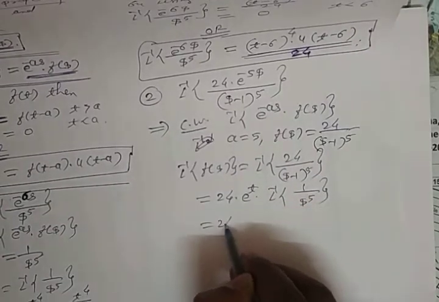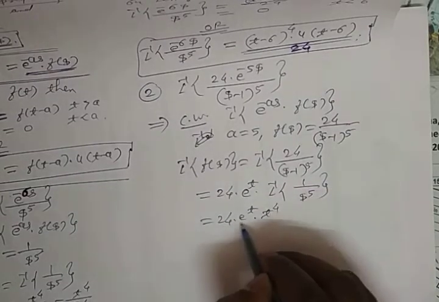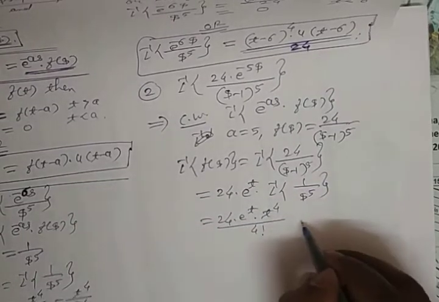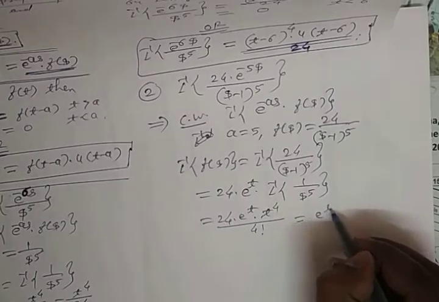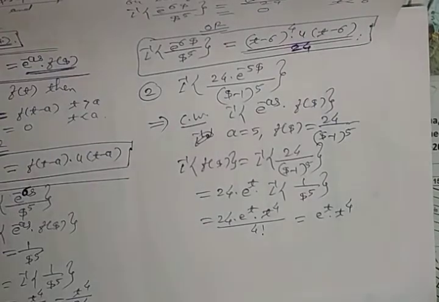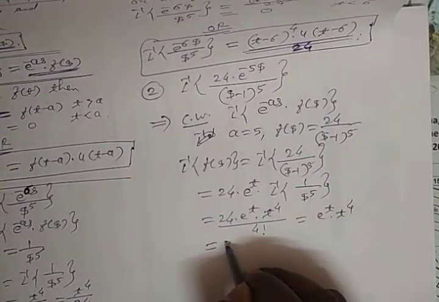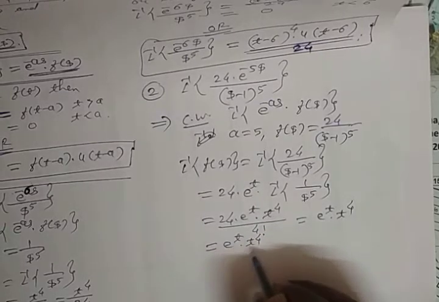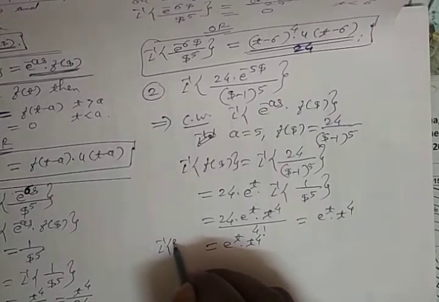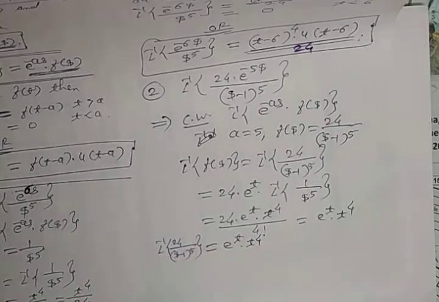That is equal to 24 e raised to t into t raised to 4 upon 4 factorial, and that is equal to e raised to t into t raised to 4. 24 gets cancelled, 4 factorial is 24. So the value of f of t is e raised to t into t raised to 4. This is Laplace inverse of 24 upon s minus 1 raised to 5.